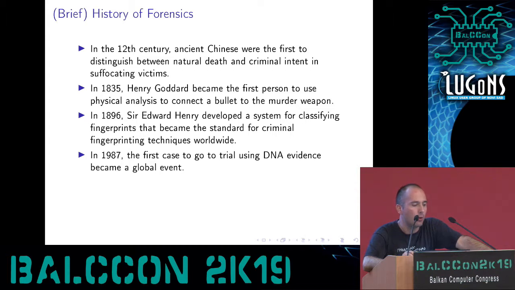I'm aware this is okay, and now we are, let's say, skipping 1 century. In 1987, the first case went to trial using DNA evidence, and one man was acquitted of rape and murder using that evidence.